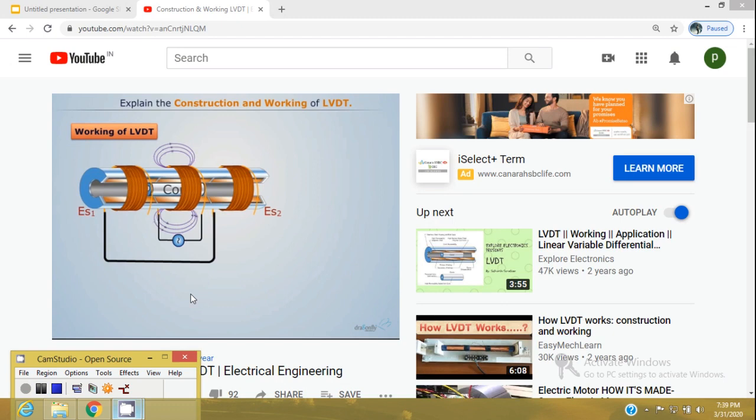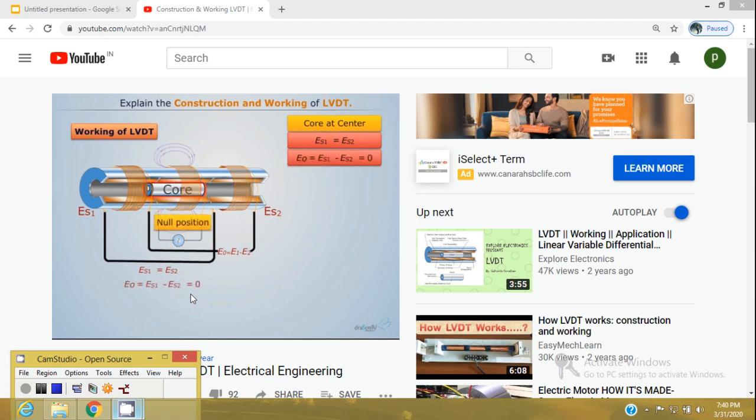Here, when the AC source is applied to the primary winding, there will be flux linkages. The flux linkages transmit through the core to the secondary windings, that is ES1 and ES2. When the core is placed in the null position, ES1 is equal to ES2.